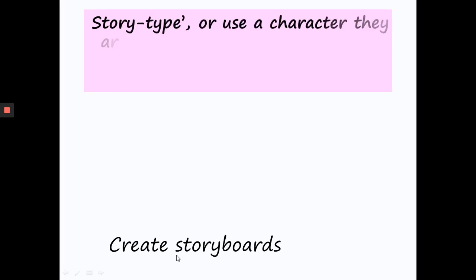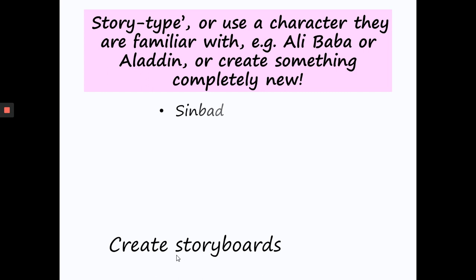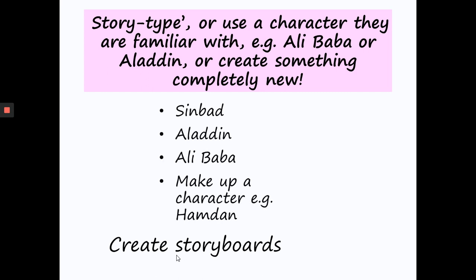Now, when you come to plan your story, you can think about the story type, okay, or use a character that you are familiar with. For example, you are familiar with Alibaba, you are familiar with Aladdin, you are familiar with Sinbad. You've been listening to many of his voyages. The last bullet point here is make up a character.